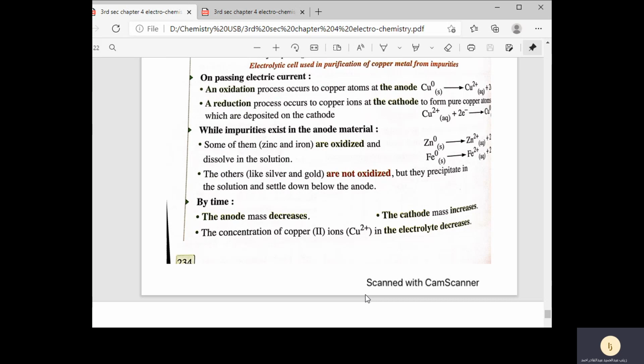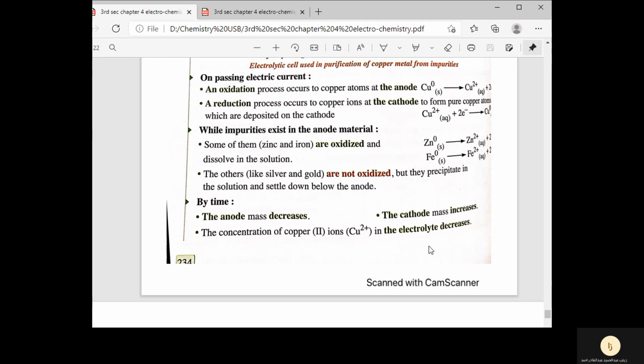With time, the anode mass decreases. Why? We keep oxidizing, which causes dissolving, so the weight of the anode decreases, and the cathode mass increases. The concentration of copper 2 sulfate, or copper 2 ions, in the electrolytic cell decreases.